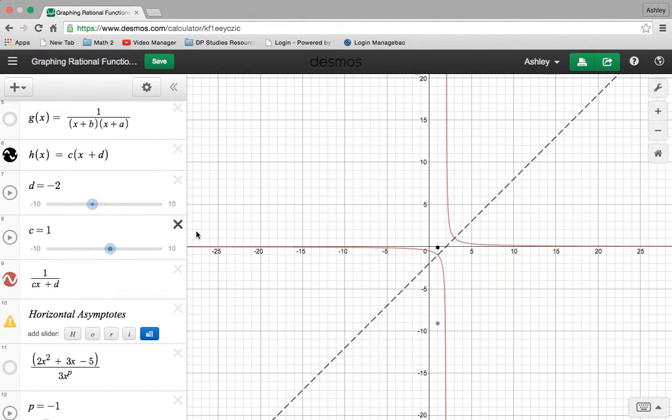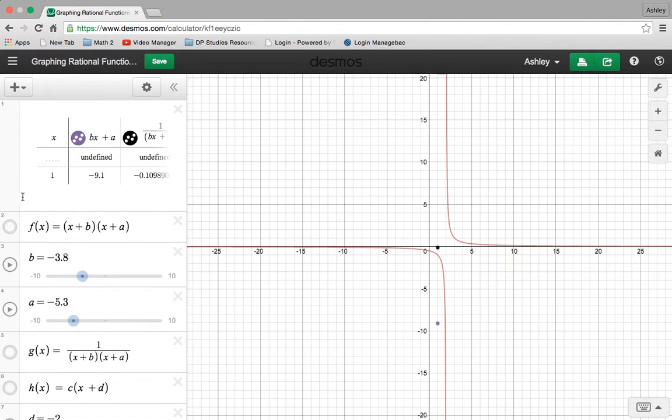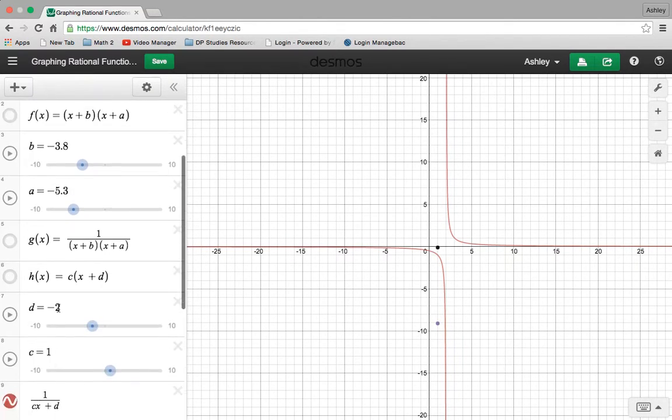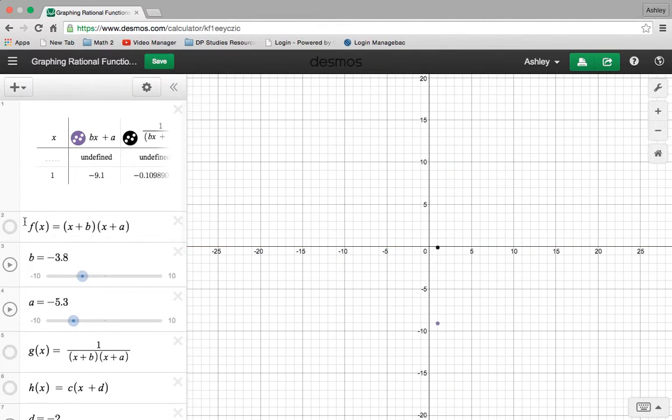Okay, so let's hide this guy. Let's look at one that's quadratic, like this one right here. Here we have a quadratic, and let's just let it be this simple little parent quadratic.